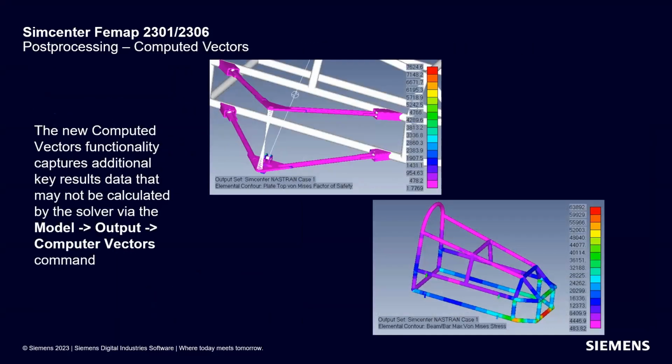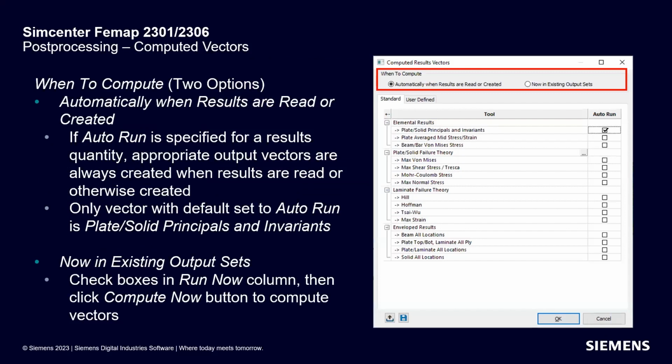So a little bit about computed vectors, 2301, 2306 functionality. These allow you to capture additional key results data that may not have been calculated by the solver via the model output computed vectors command. What you do in here is you have two choices.